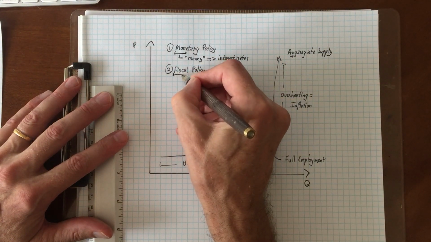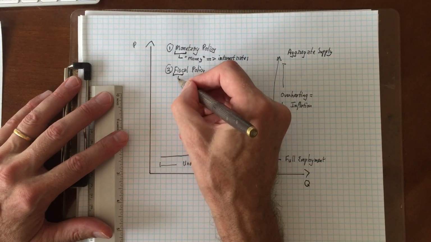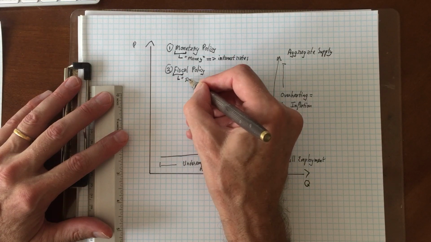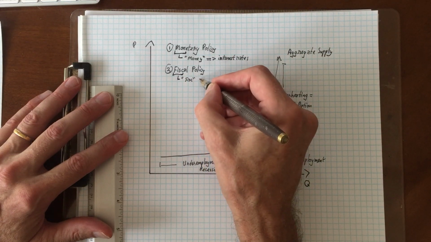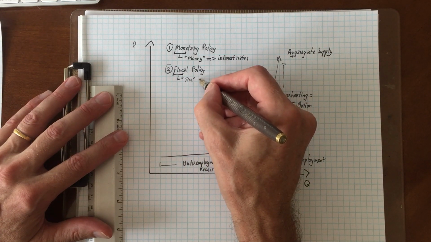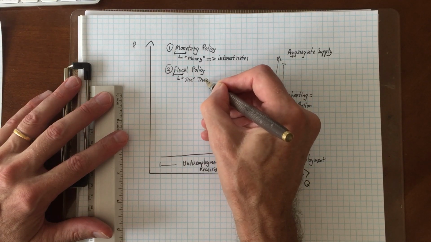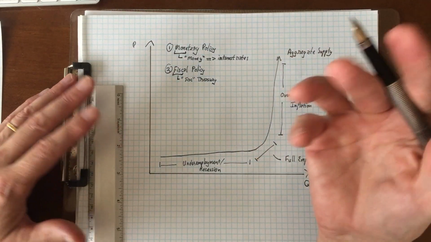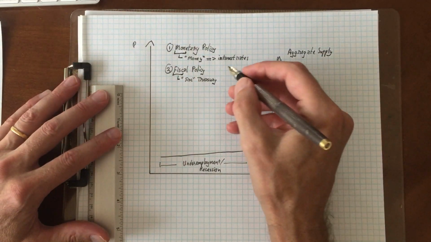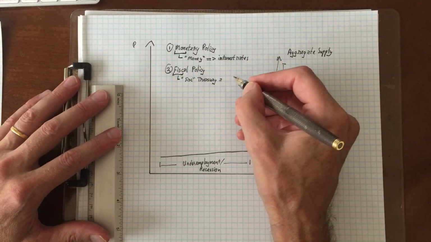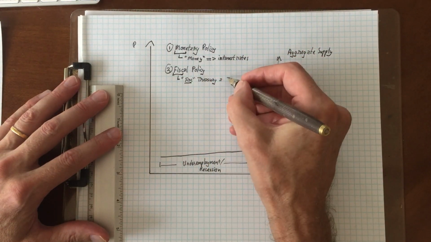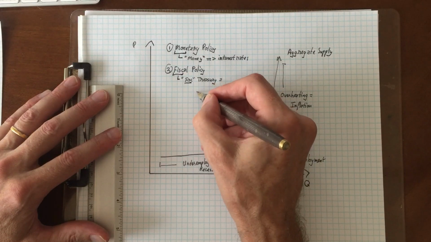The first four letters of fiscal policy are fisc, and fisc was the term to describe the Roman emperor's treasury. So back then, of course, money was gold, so it's basically the chest of gold that the Roman emperor had. And so what adjusts that fisc is basically two things.